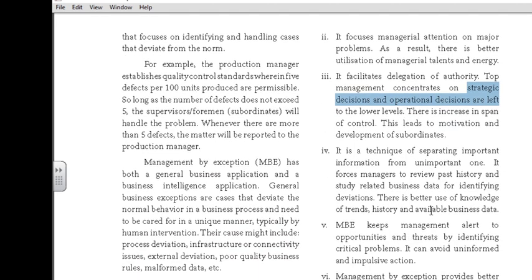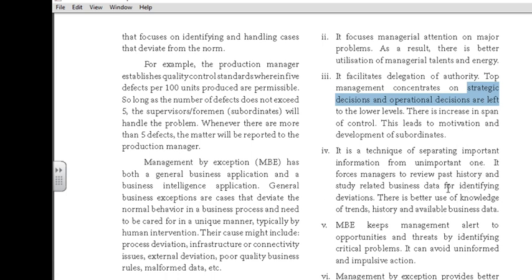Next is that unimportant information is filtered. So all the information is not discussed with the subordinates. எல்லா விஷயமும் subordinateக்கு சொல்லிட்டு இருக்கிறது இல்ல. MBE எது தவறு பண்றாங்களோ அதை மட்டும் தான் ஸ்பெசிஃபை பண்ணி they are focusing upon the subordinates.